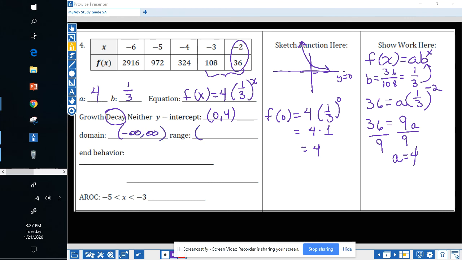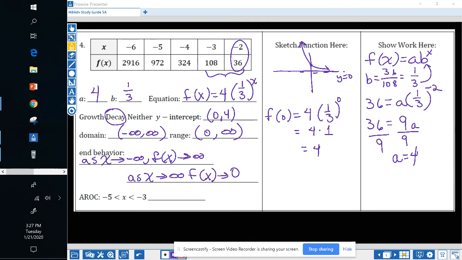My range goes down to 0 without touching it and goes forever up. My end behavior, different than the last one. As x approaches negative infinity, f of x approaches positive infinity. As x approaches positive infinity, f of x approaches 0.